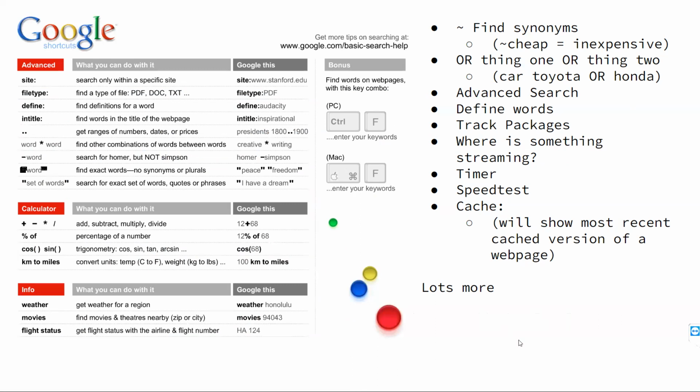And the reason why I stole this one is I kind of liked that, if you can see it on your screen, on the left-hand side, advanced. So under that heading, it gives you the command that you put in. In the middle, it explains what you can do with it. And on the right-hand side, it gives you an example, which I think is way more useful than just seeing what the actual command is.